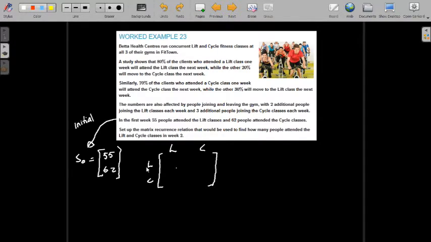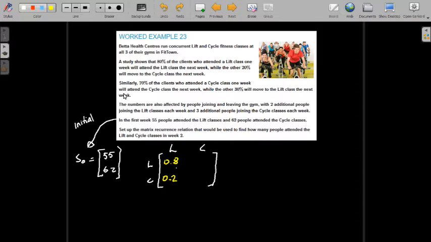So we've got week 1, the next week. We've got 80%, so 0.8. That's the first bit. The other 20% move to the cycle class. We can work that out by 0.8 plus this one has to equal 1, so 0.2 or 20%.